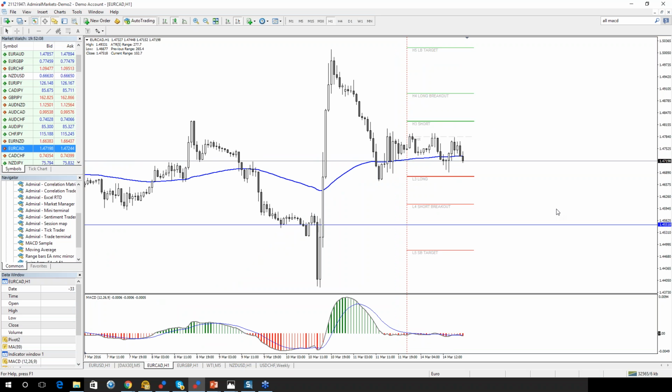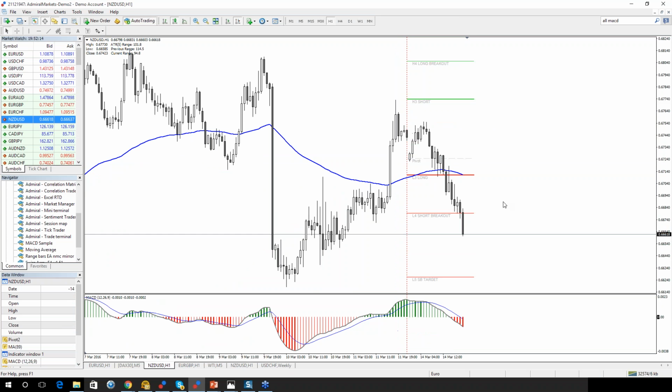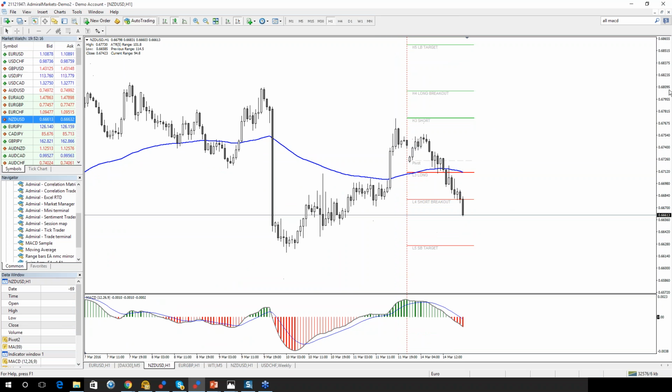New Zealand dollar. We had a good buy position on Friday and actually it hit the target. If you remember my analysis, I will show you.